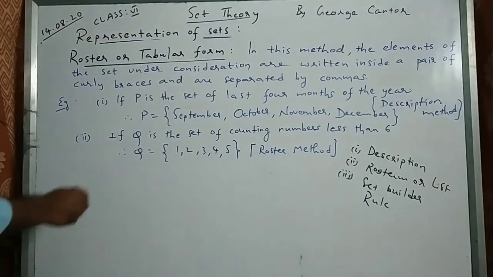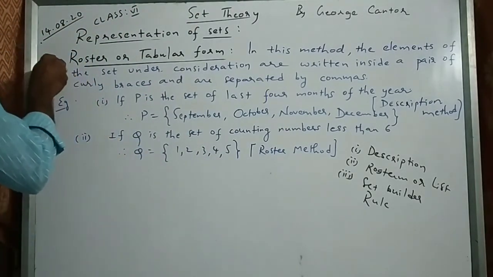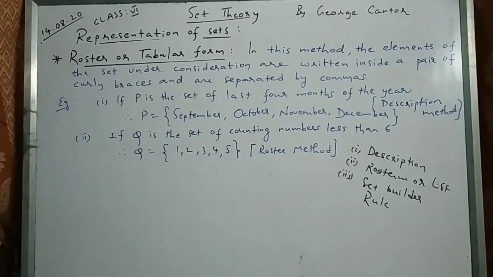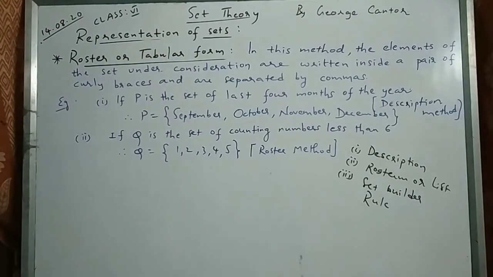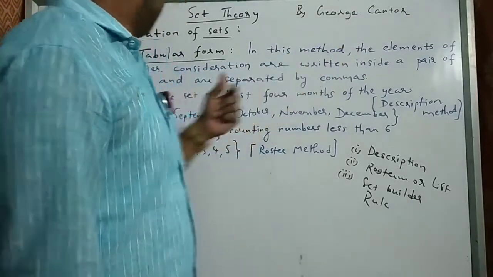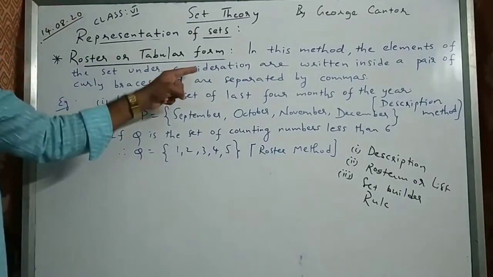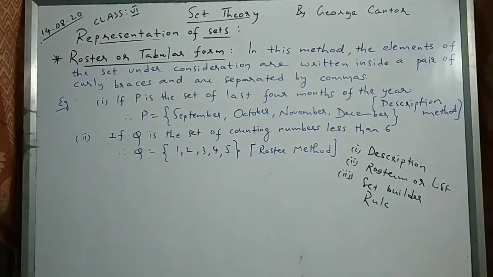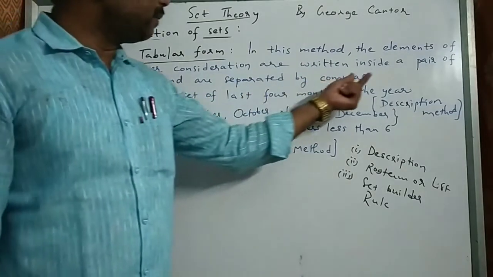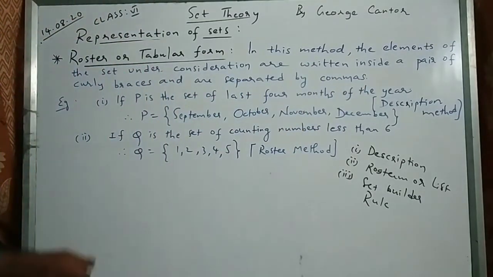Okay. First we will see the roster form or tabular form. Roster form or list form or tabular form, anyway it is same. In this method, the elements of the set under consideration are written inside a pair of curly braces and are separated by commas. You look at here once.